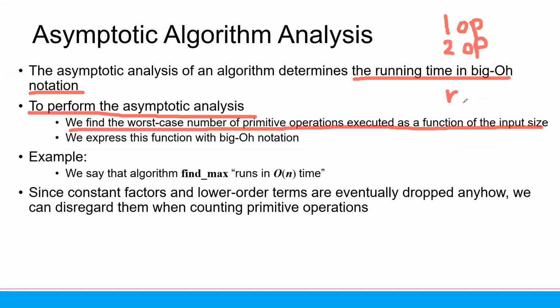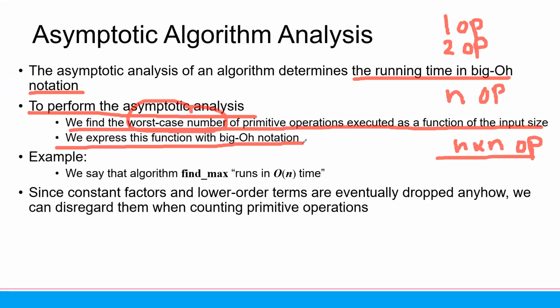But when you have n operations, and then n multiplied by n operations, we want to find the worst case. The worst case is n multiplied by n. We express this function in big O notation. Big O notation means you do not care about the constant, you just care about the higher order terms. So at the end, you will find O(n^2) for this kind of case.